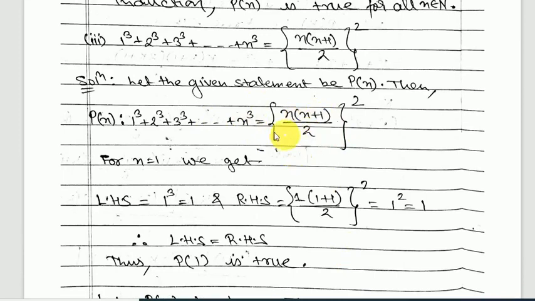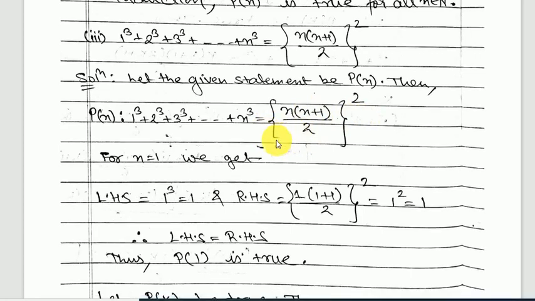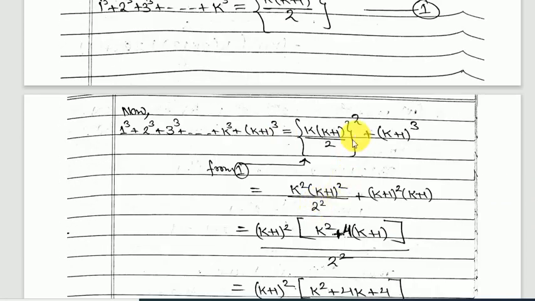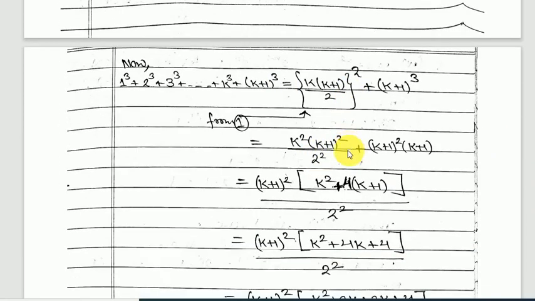So just imagine if it ends at k plus 1 cube, then it should have here k plus 1 into k plus 1 plus 1 upon 2, whole square. Yes or no? So what you have to do now is simplify this and get that form. Once you get that, it implies that the statement is true for k plus 1 whenever a statement is true for n equal to k.